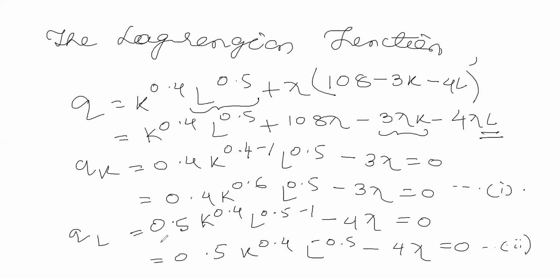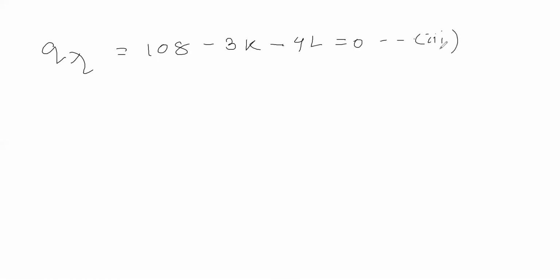We will also take the first order derivative with respect to lambda. As a result, we will get Q lambda is equal to 108 minus 3K minus 4L, set it equal to 0. And this is equation number 3.